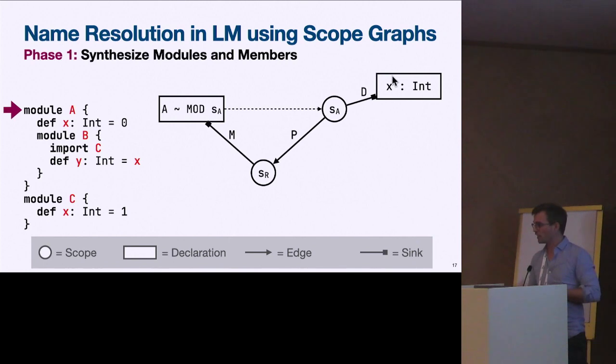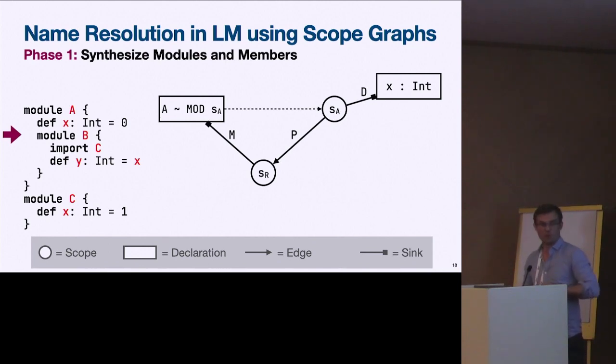It has a single declaration for the single field that A binds. And we have an edge that connects the scope of A, the scope of the module, to the lexical root scope, which makes all the bindings that are reachable from the root scope now also reachable from scope SA. So this way, by connecting the scopes, we can really model visibility and reachability policies.